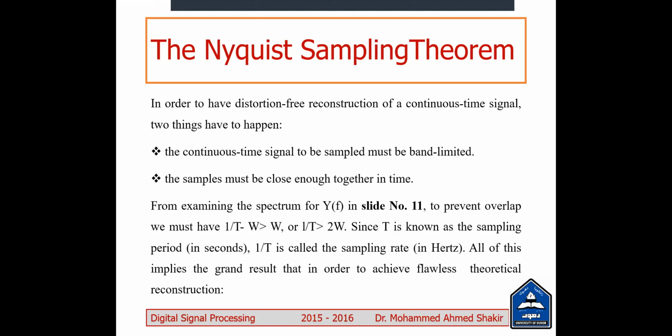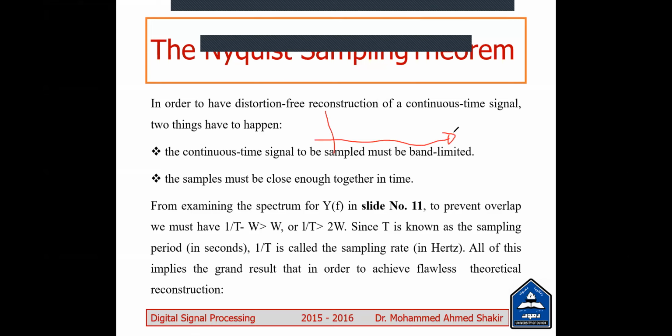First one, the continuous time signal must be band limited. What do you mean by band limited? It means that the signal must have a specific bandwidth, exactly like this one. For example, a signal in the frequency domain must have a specific bandwidth, not infinite bandwidth.